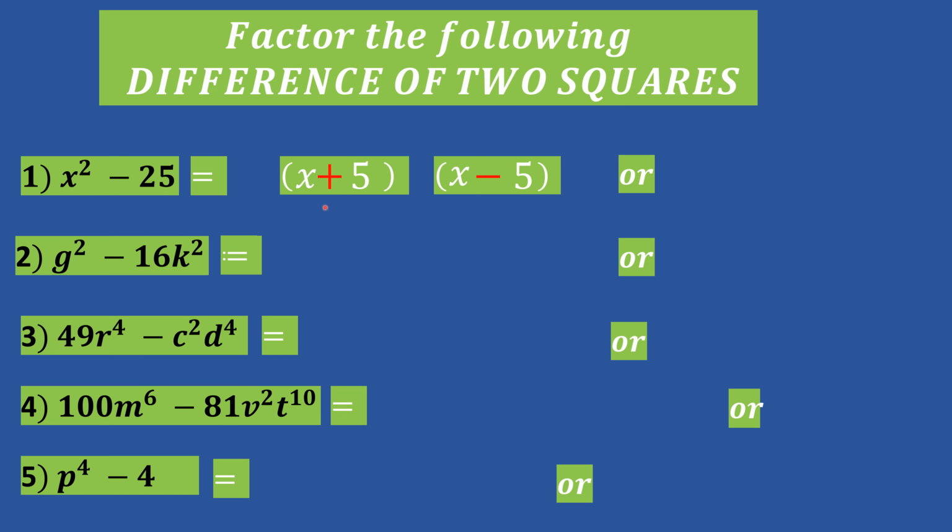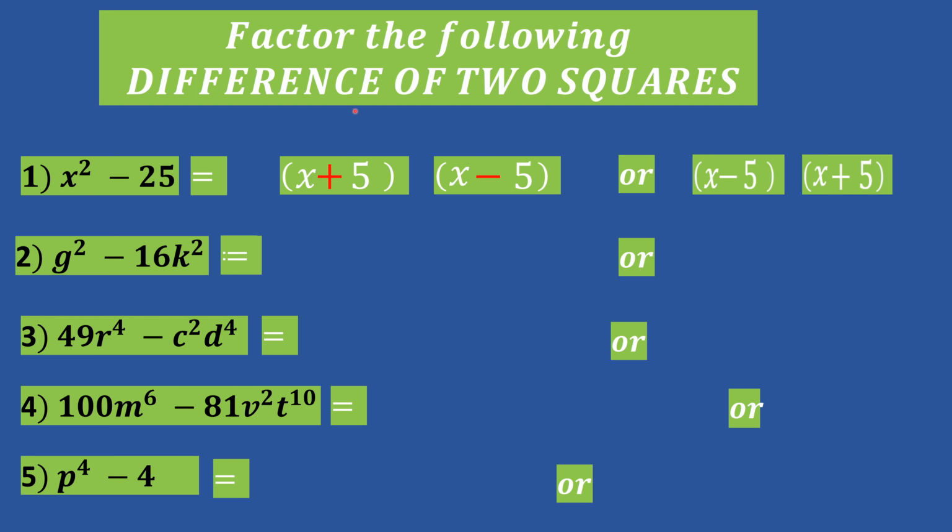And then we have to have a plus and a minus. Why do we need a plus and a minus? Remember that we are just interchanging the plus and the minus. They are the same thing, and we come up with the same product if we multiply them both.